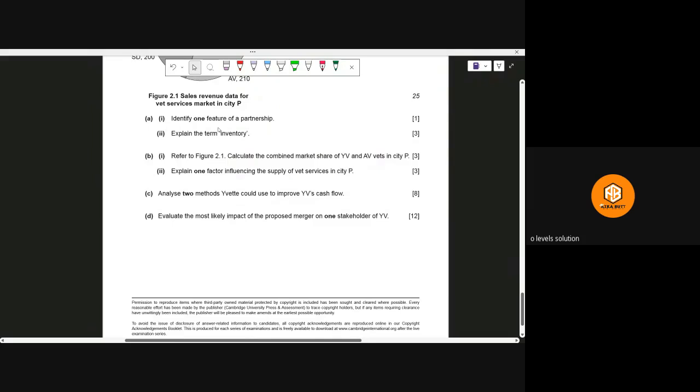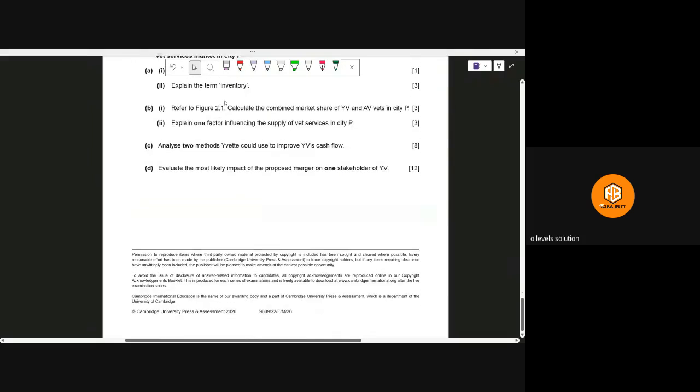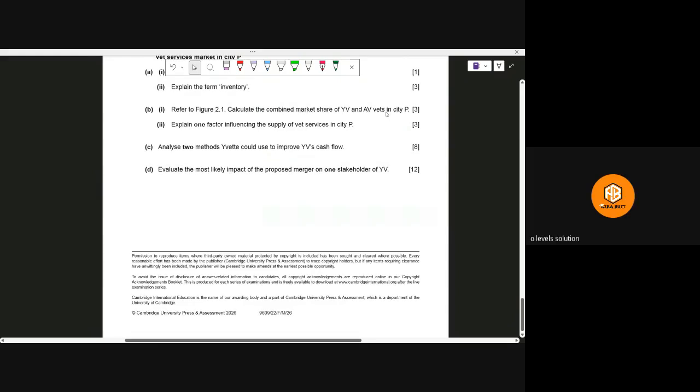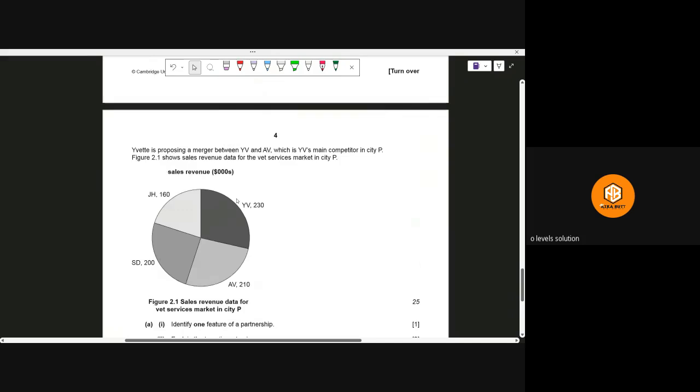And then you can simply use the scenario information here, about what kind of inventory they are keeping. Then we need to refer to figure 2.1 and calculate the combined market share of YV and AV bets in CTP. Okay, so we have this figure.